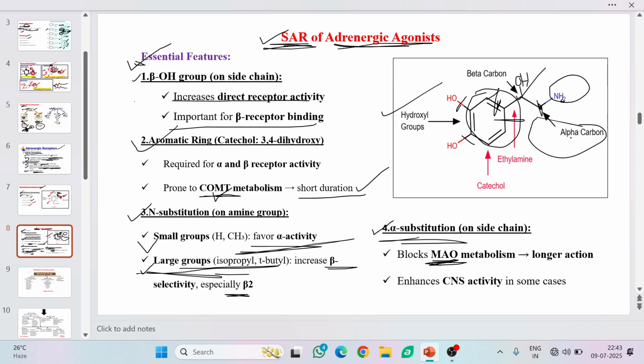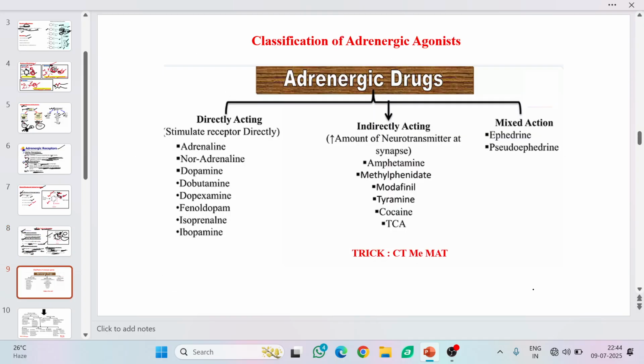Alpha substitution blocks MAO, monoamine oxidase, metabolism. So if any group is placed at the alpha position, it stops monoamine oxidase metabolism. It means the drug will not break down, so the drug's action will be longer. It enhances CNS activity in some cases.